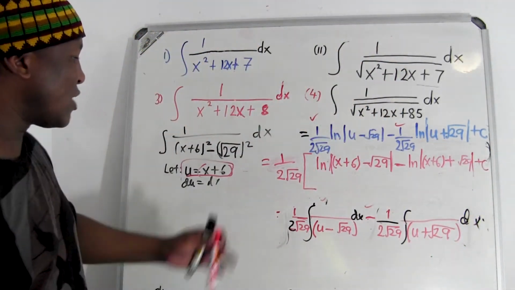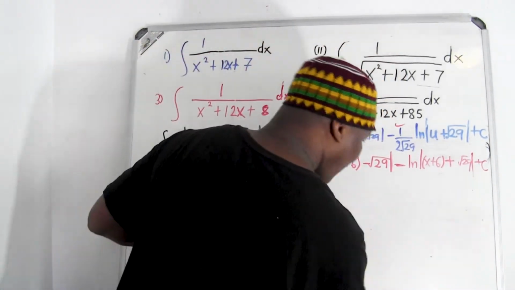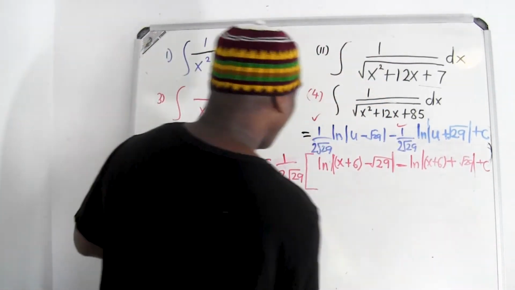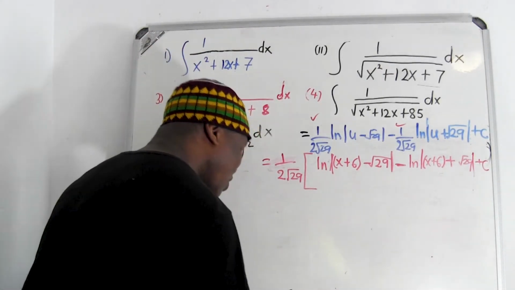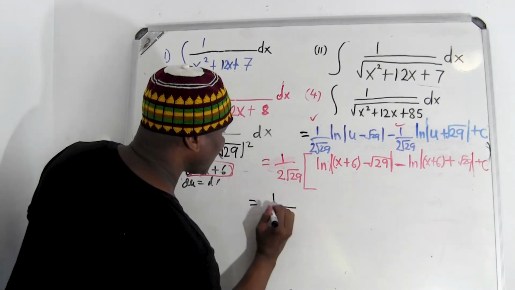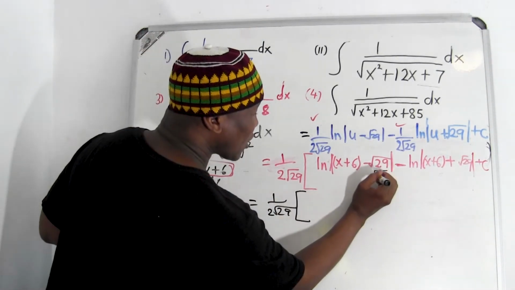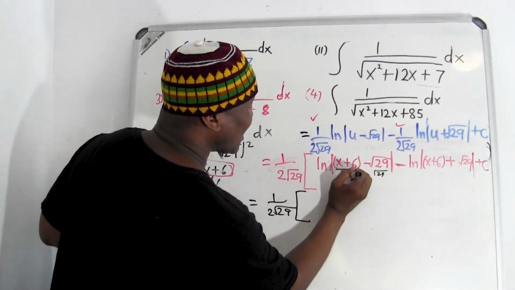But for the most part, they don't leave us that as the final answer. Let me show you how to leave the final answer. Sometimes you may use your own method, so why is it not looking like the same final answer? Okay, 1 over 2 square root of 29. I can divide here by square root of 29, and here I can divide by square root of 29.